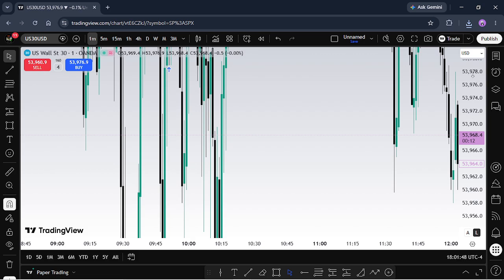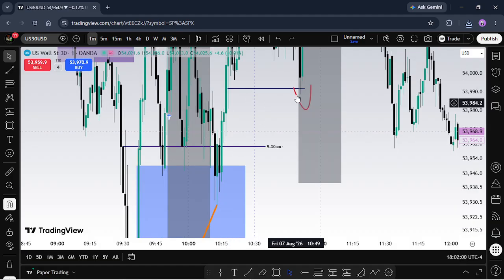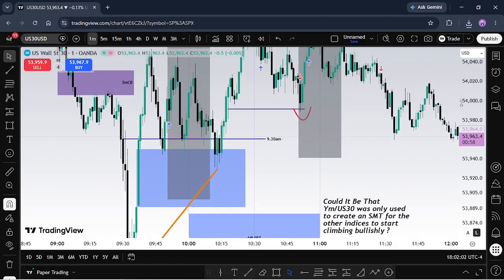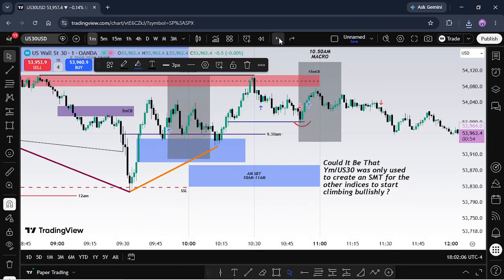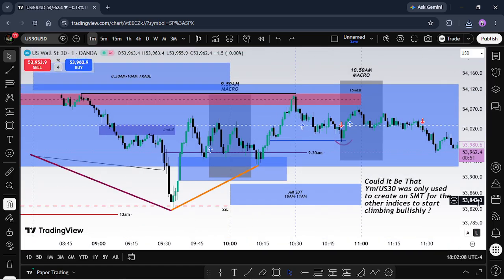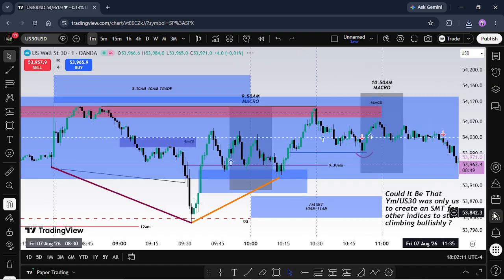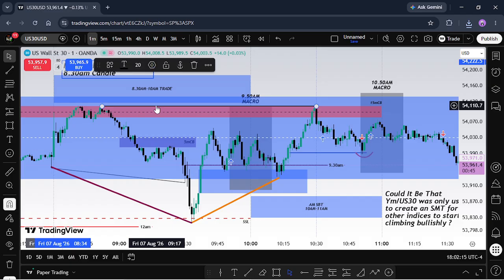So they made higher highs, right? For all of them, NQ and ES made higher highs. Let's see YM. I think on YM the highest high was actually the 830 candle. Was it? No. There's also a high higher than the 830 candle.